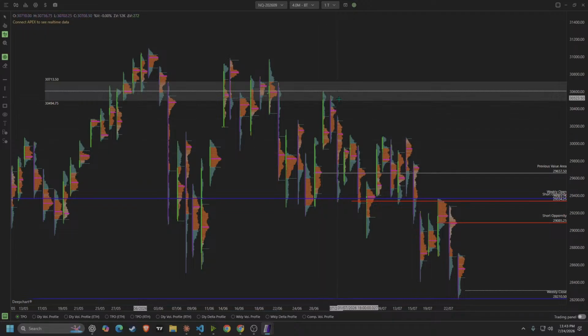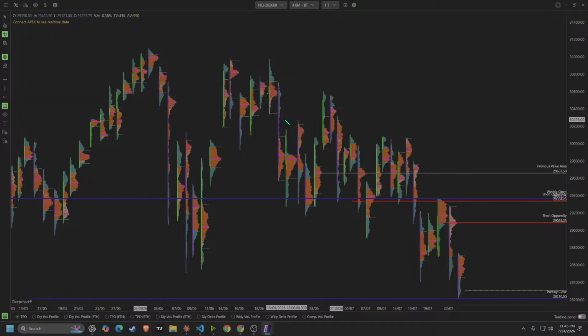Down, tap back into the zone, left it. I think it's a little bit lower because we already tapped in here. Lower high, equal low. So I don't think that's the zone that I want.